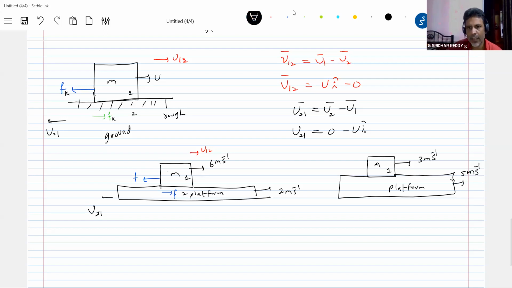Then the velocity of block with respect to platform will be in this direction. Then how will the friction on the block act? Then the velocity of the platform with respect to block will be in this direction. Then how should the friction on the platform act? The friction on the platform should be in this direction.